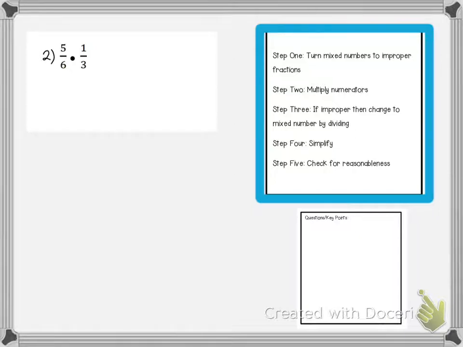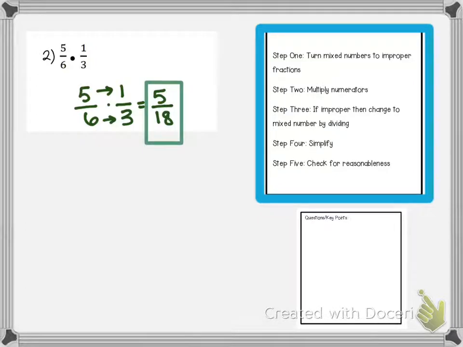I like to rewrite my problem: 5 over 6 times 1/3. We multiply our numerators straight across, 5 times 1 is 5. Multiply our denominators straight across, 6 times 3 is 18. 5 over 18 is our final answer because it is simplified.